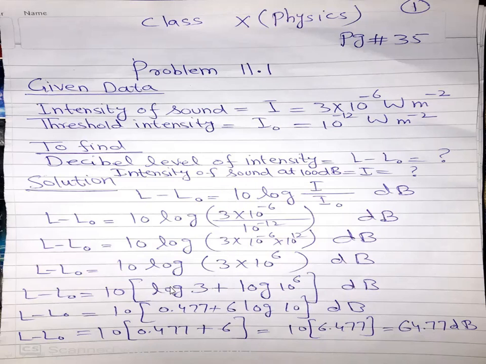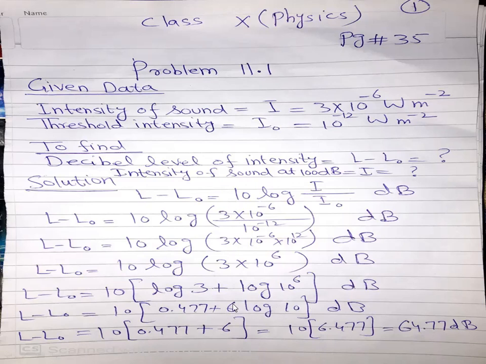With the help of a calculator, if you take log 3, you will get 0.477. Remember guys, use log, not ln. Log 10 on your calculator will come 1.